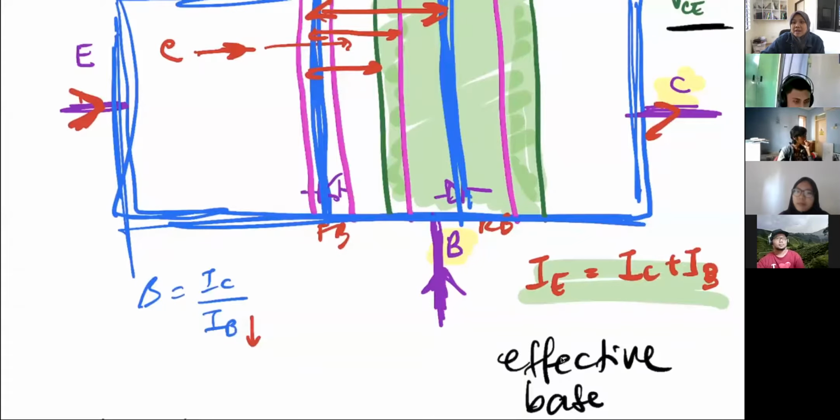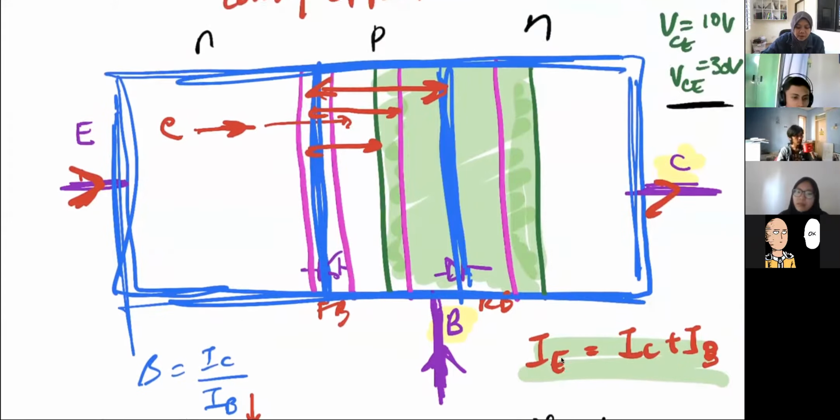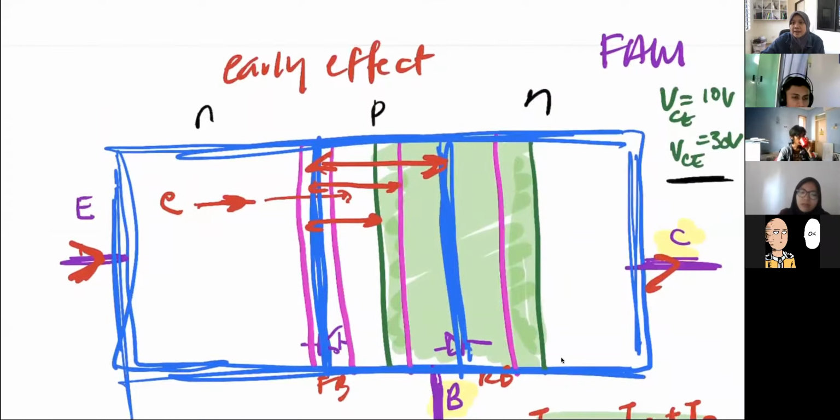It depends on what you mean by good or bad. For us engineers, good or bad depends on how we control and design the device in order to be used somewhere else, right? So forward active mode is normally used as an amplifier.